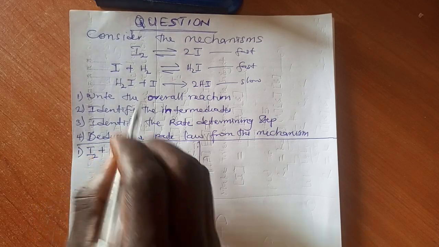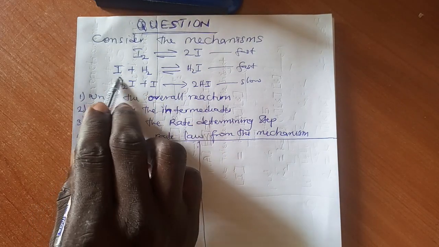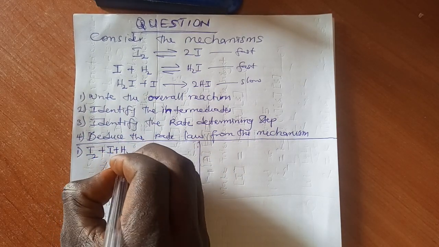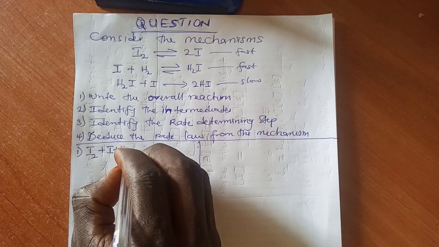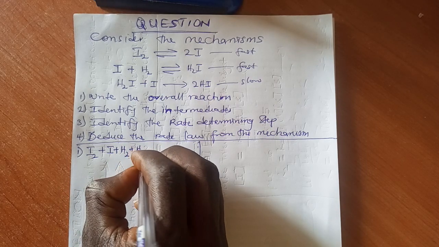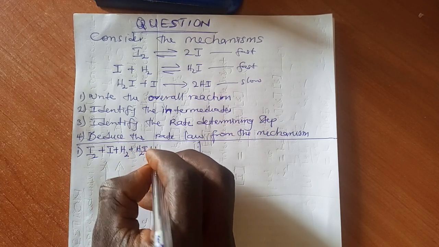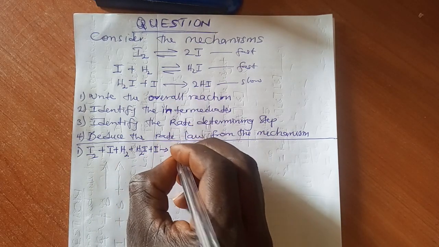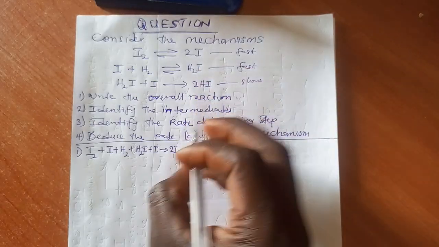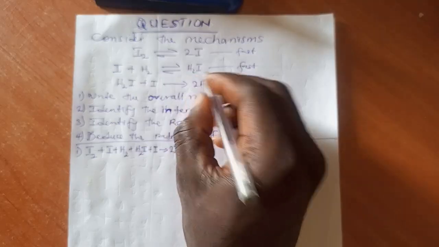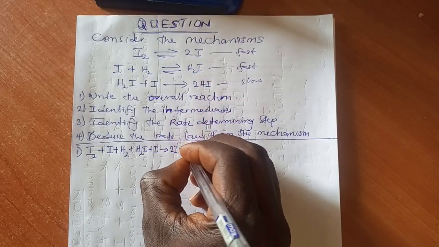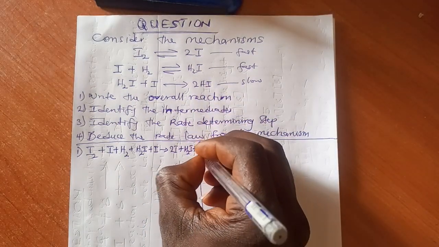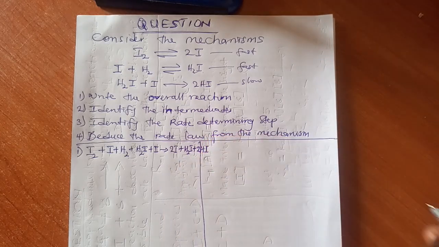I plus I2 plus I plus H2. I hope you can see. Then plus H2I plus I will give birth to what? 2I, plus H2I, plus 2HI. Please pardon this space.